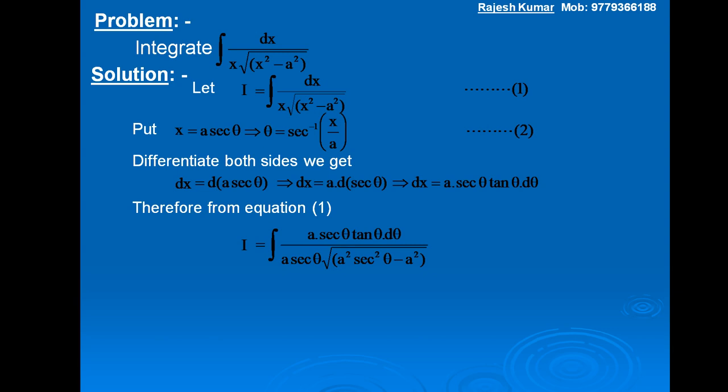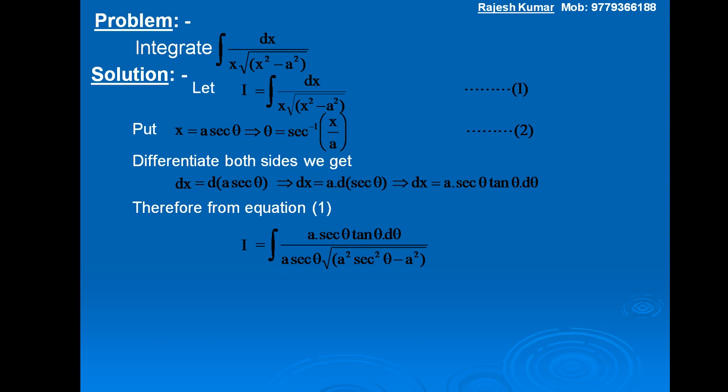That is putting the value of x, and in the numerator dx is equal to a into secant theta tan theta into d theta. D theta represents that the integration is now with respect to theta.